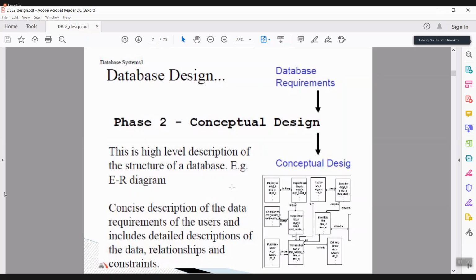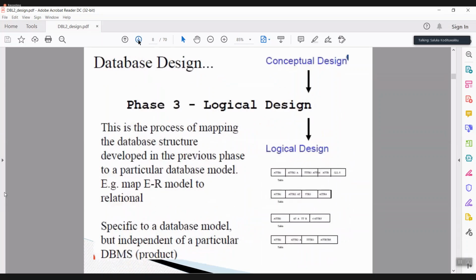Based on that, you can draw an entity relationship diagram or a class diagram or something like that, representing the database. So that is what we call conceptual design. And this conceptual design is generally a diagrammatic representation. That's what I said. It could be an entity relationship diagram or a class diagram.